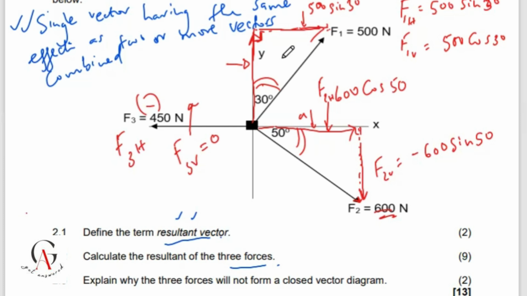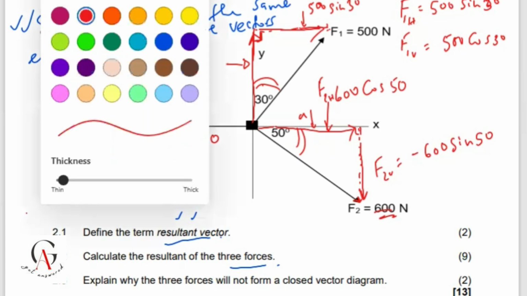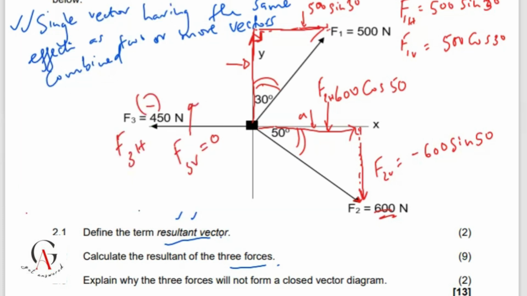So what I'm going to do, I think I can even do it from here. Let me just switch the color so that we can plus them up nicely. Okay, so with the horizontal, I have this, which is positive. I have this that is positive. I have that is negative. Let me put this side 500 sine.